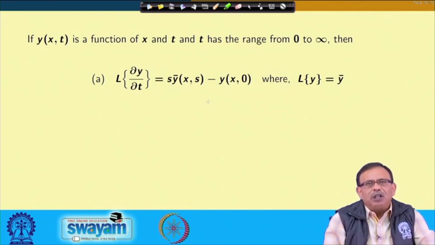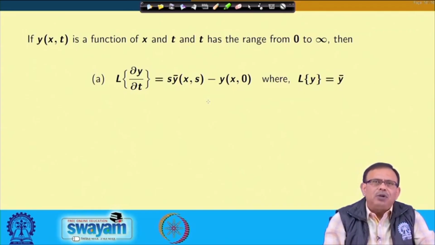One, formula A: the Laplace transform of ∂y/∂t equals s times ȳ(x, s) minus y(x, 0), where ȳ is nothing but the Laplace transform of y. This y(x, 0) is a constant term basically. Whatever initial condition I was talking about in point number 4 in the earlier slide, this is one of the initial conditions.